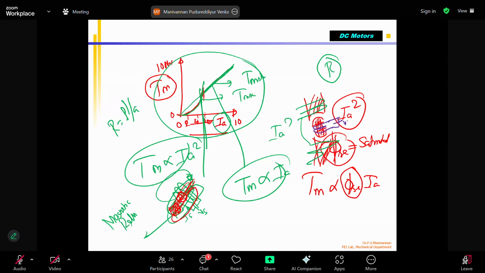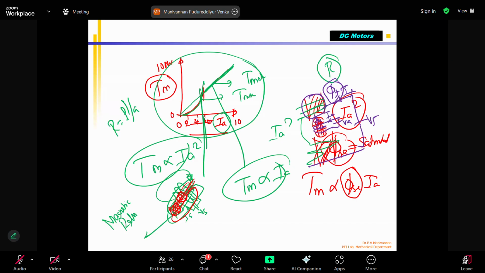This is my VA. Here we supply VF. So you have IF and IA, so phi A and phi F. The phi F value depends upon the magnetic property of the material and also the current. Both matter.